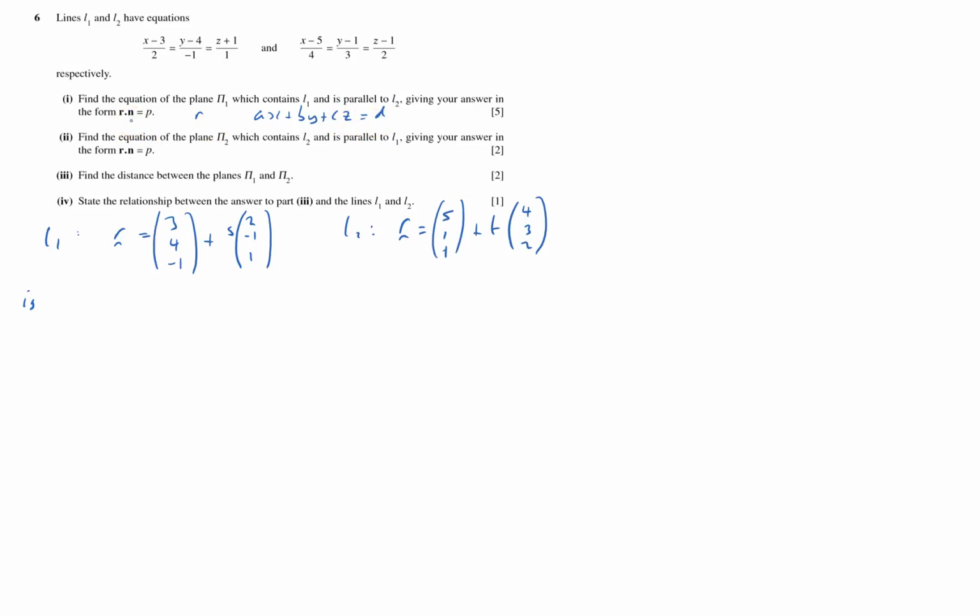So first off, pi1 contains L1 and is parallel to L2, therefore it's perpendicular to both, therefore cross product the directions.